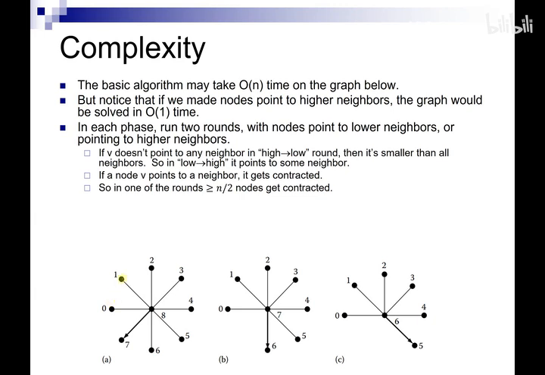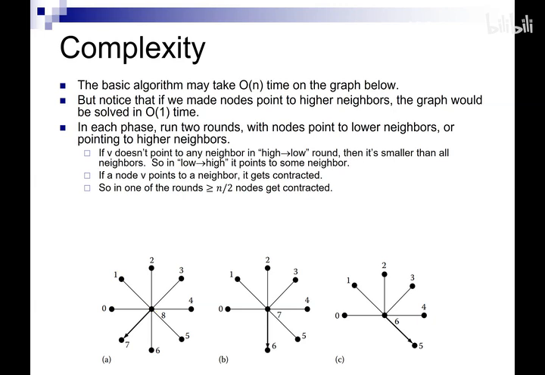So for example, this 1 here doesn't point to anyone because it's smaller than its neighbors. But if it's smaller than all its neighbors, then in the low to high round, it's going to point to some neighbor.